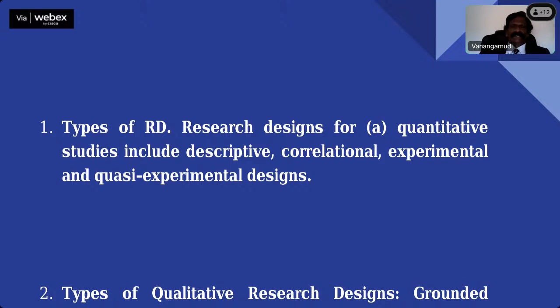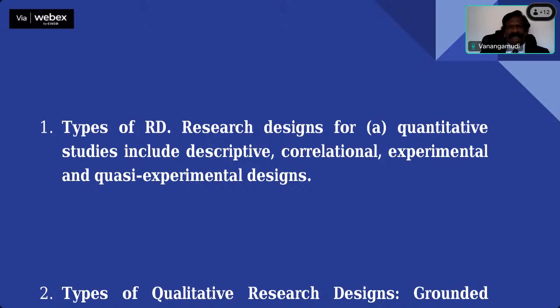If the data and the objectives mainly concentrate on the quantitative, quantitative means measurable, anything that can be measured, anything that can be in numbers. Quantitative studies include descriptive, correlational, experimental, and quasi-experimental designs.